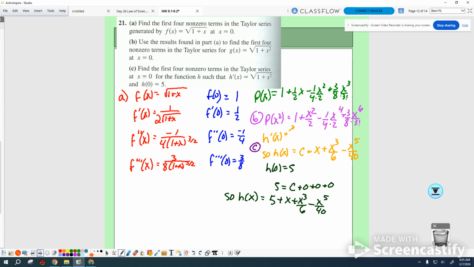So you just replace, and then divide it by x. And then first term. Because you're dividing each one by x.